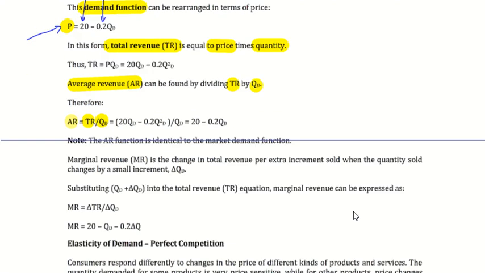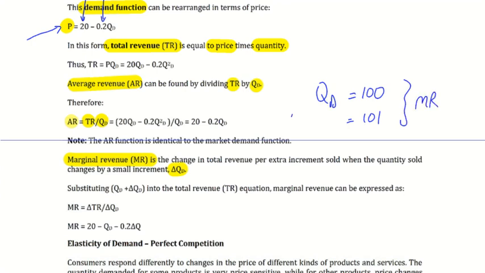Marginal, what's marginal? Marginal is the additional revenue every time I sell one additional unit. That would be denoted by change in quantity demanded. For example, if quantity demanded was 100, and now I sell one more unit to 101, marginal revenue. Just look how we denote that.